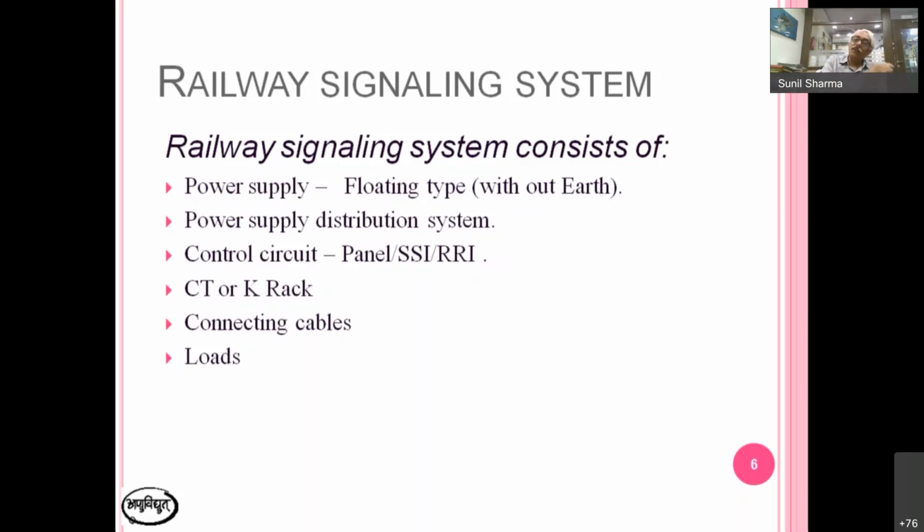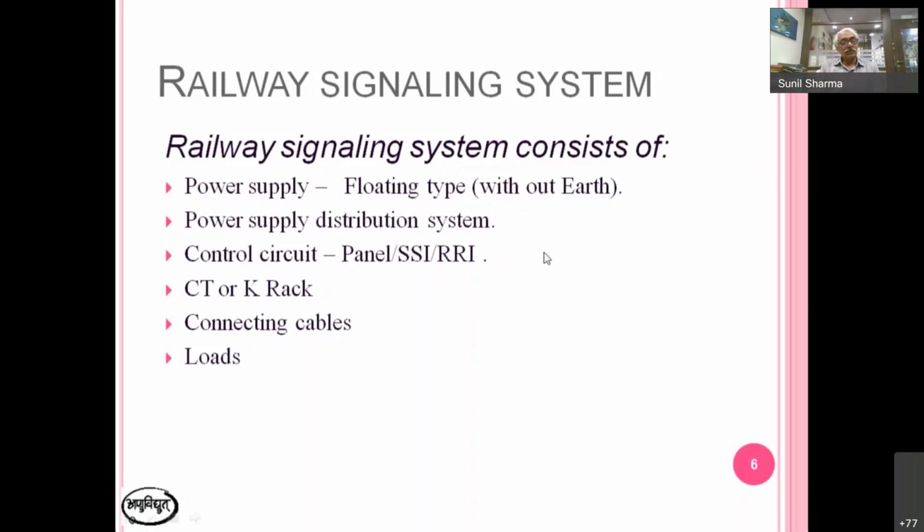Though the primary side or body is earthed, the output, meaning 24 volt, 60 volt, 110 volt DC or 110 volt AC, is not connected to earth on the plus, minus, NX or BX side. So this type is called a floating type power supply, and this is the fundamental requirement of the signaling system in railway for safe signaling. Please remember all these things.